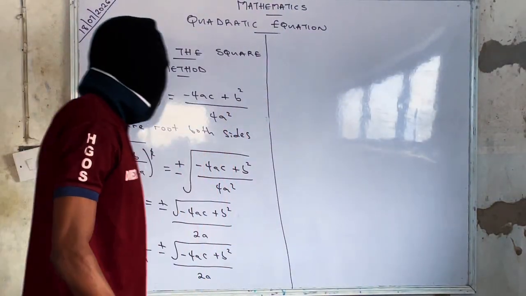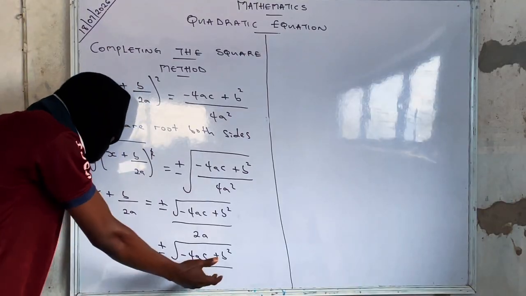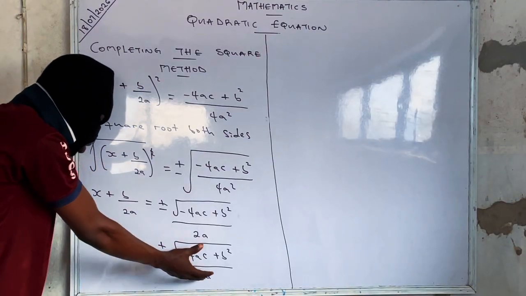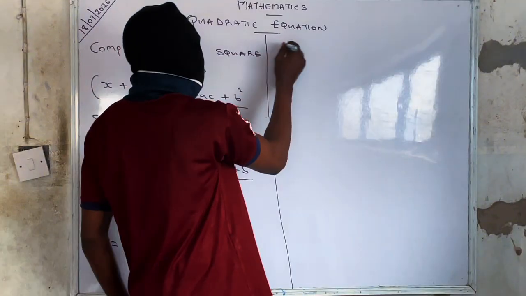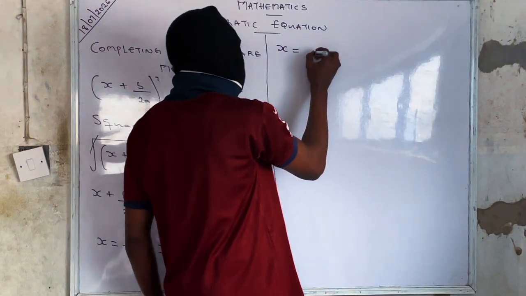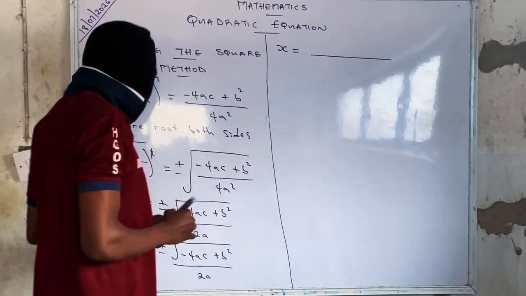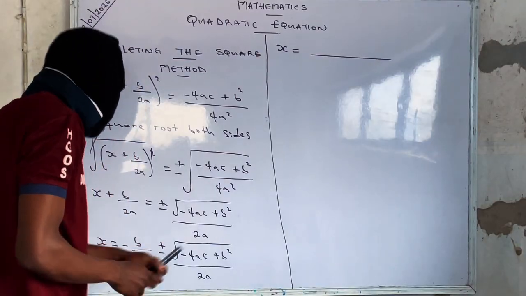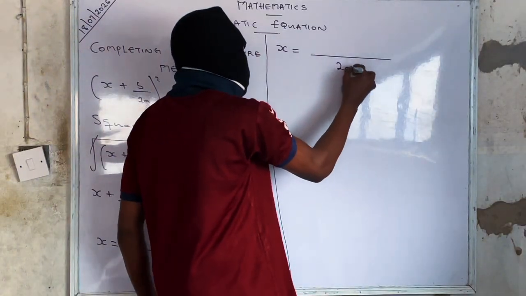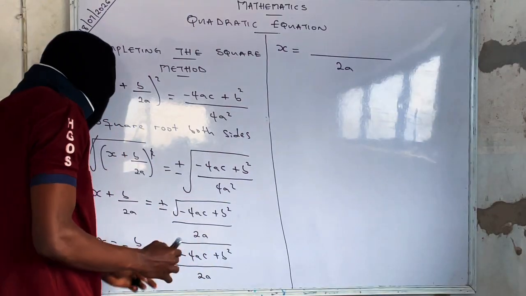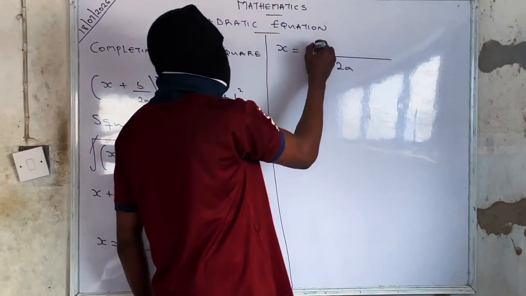Now when you have something like this, it is very easy for you to find the LCM, because this is a fraction and this is also a fraction. So now what? x equals to, now what's the LCM of 2a? It is still your 2a. Now 2a and 2a is 1 times minus b will give us minus b.